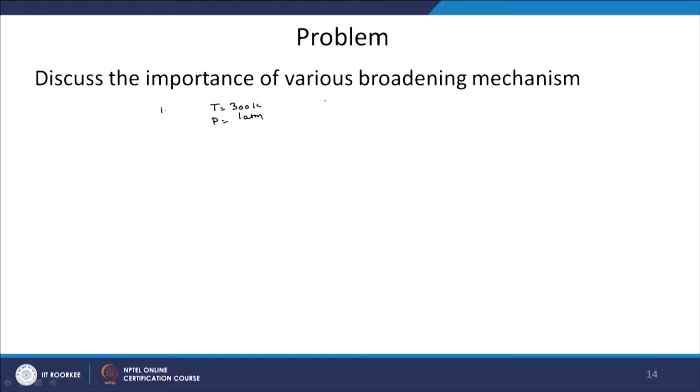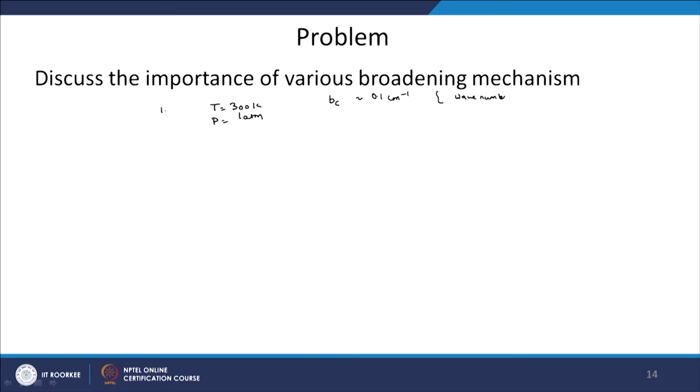So, the collision width for this can be calculated, and these are rough calculations only. The collision width broadening is calculated as 0.1 centimeter inverse. This is in wave number.